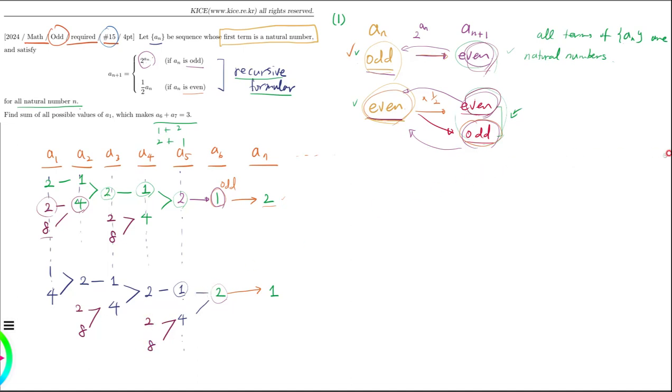And also previous number for 2 is either 1 or 4 here. Again, the previous number of 4 is either 2 or 8. Previous number for 2 is either 1 or 4. It goes like that.